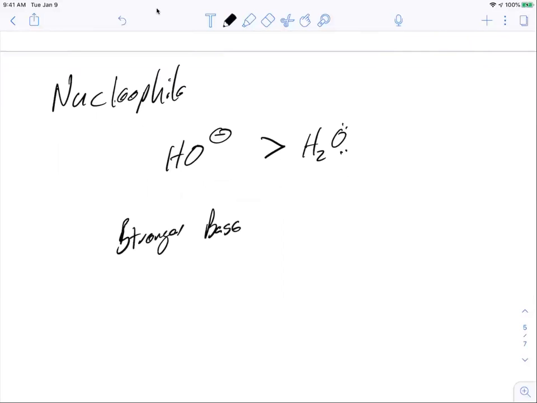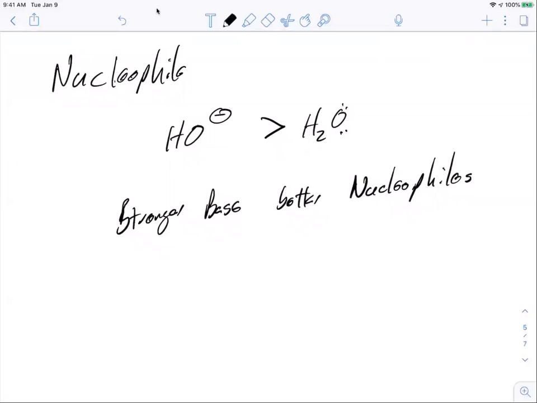In general, stronger bases are better nucleophiles. And next Tuesday, we'll start to get into elimination reactions. Stronger bases make better nucleophiles, but stronger bases also make what? When we get to eliminations, we'll also see that impact of a stronger base.